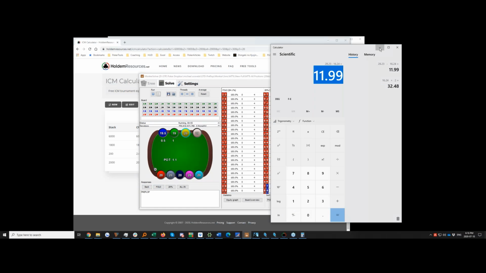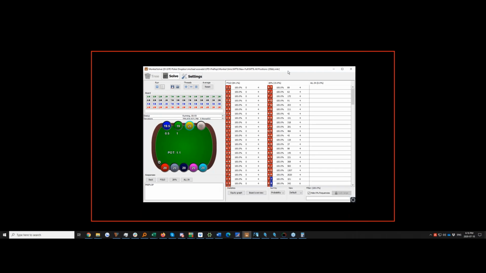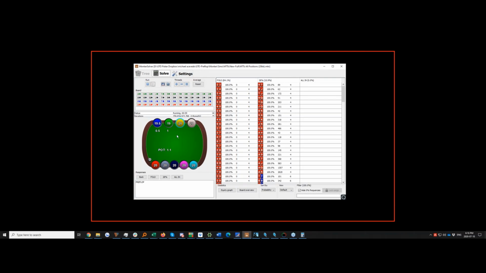Let's just minimize a few things. Imagine this is a 9-handed table, the final table of a tournament. Now also, there will be some differences depending on whether the prize pool is very top heavy or not too top heavy.